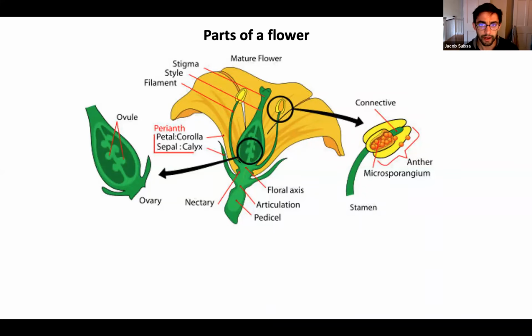And one way to think about a flower is to think about it as a strobilus, right? Just as we had in the lycophytes and just as we had in the conifers. But just imagine that it's bisporangiate. So it has microsporophylls, right? Sporophylls that are going to make microsporangia and microspores, and megasporophylls, right?